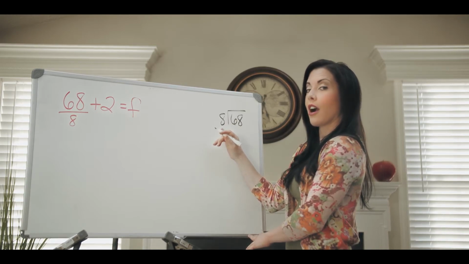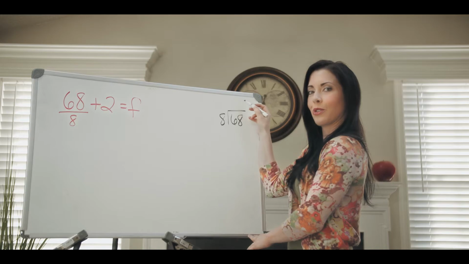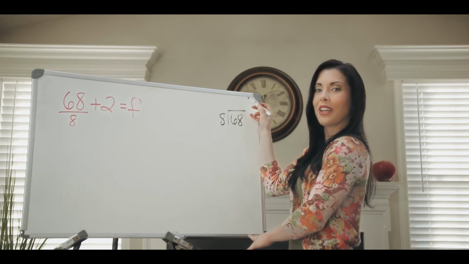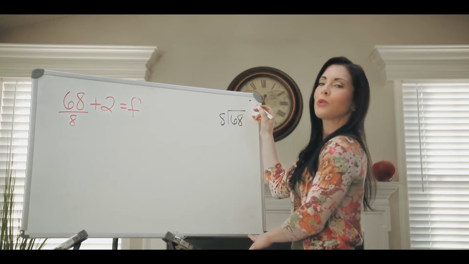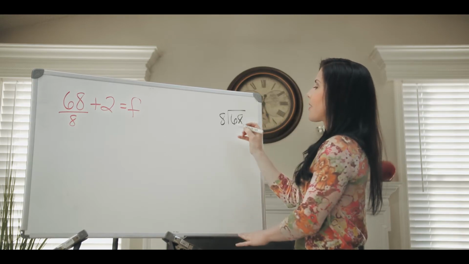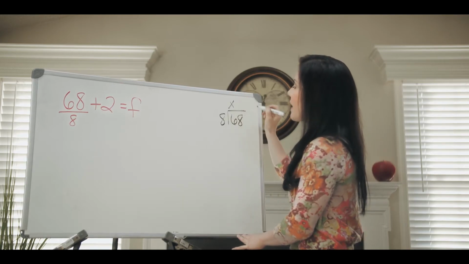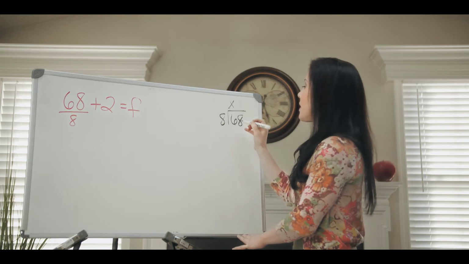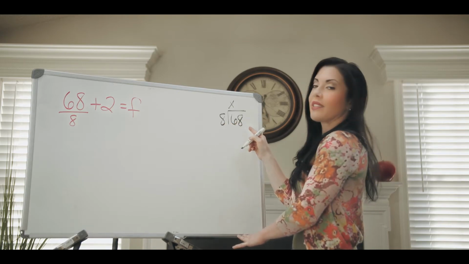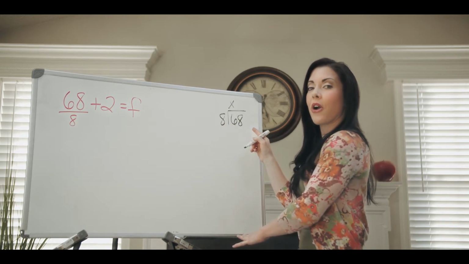Okay, we're looking for our, anybody remember what the answer to a division problem is? Yes, quotient, very good. The answer to a division problem is quotient. So here we go. 8 does not go into 6, so I'm gonna put an X over there to save my place value. 8 does go into 68. How many times without going over?